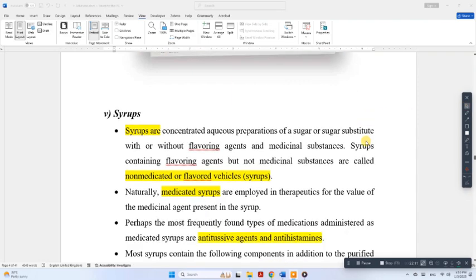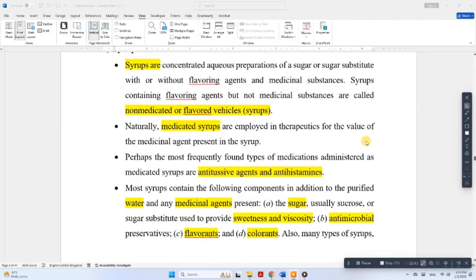But when we say syrup, syrups can be vehicles with different concentrations of sugars. Syrups are concentrated aqueous preparations of sugar. When I say sugar, I mean sucrose or sugar substitutes like glycerin, sorbitol, etc., with or without flavoring agents and medicinal substances. Syrups can be medicated or unmedicated.